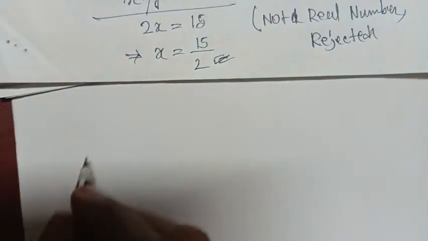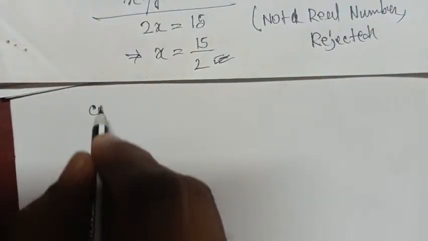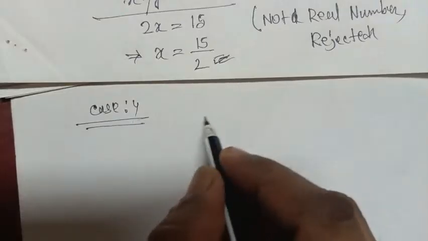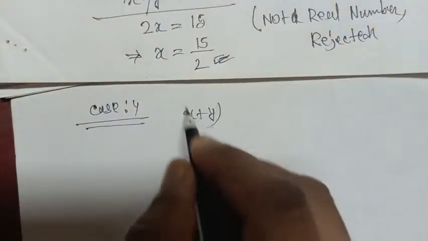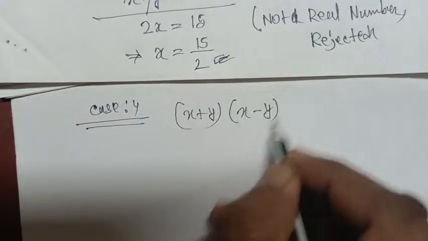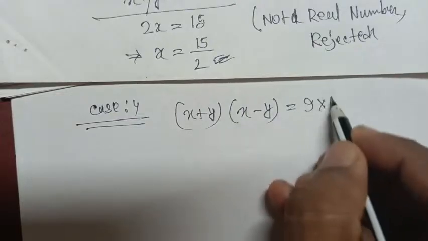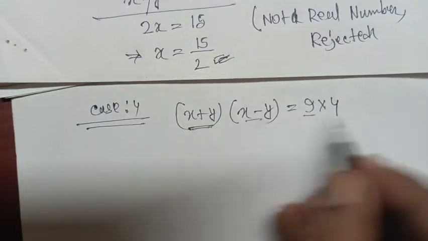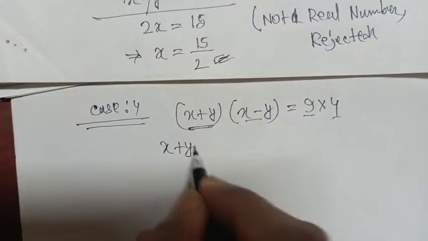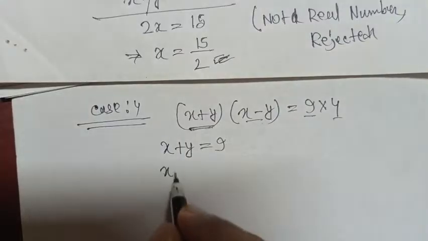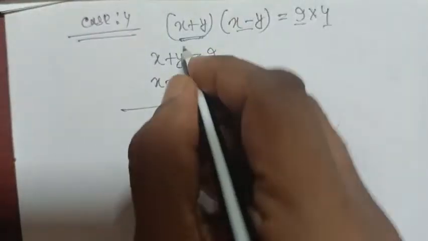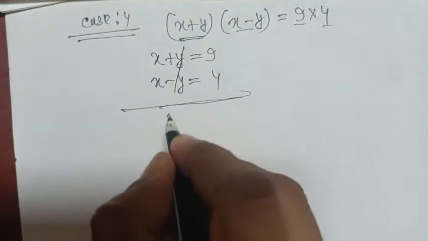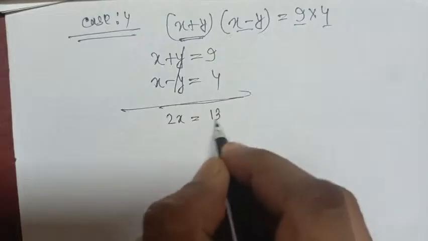Now for case 4, where we got x plus y into x minus y equals 9 into 4. Now if we compare, x plus y to 9 and x minus y to 4, then we get x plus y is equal to 9 and x minus y is equal to 4. So if we add these, we get 2x is equal to 13.